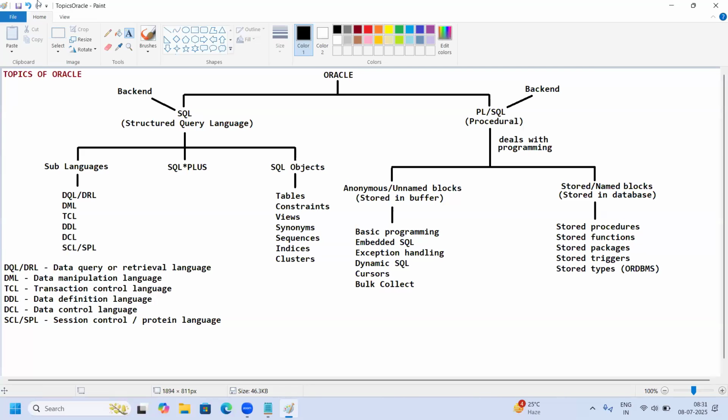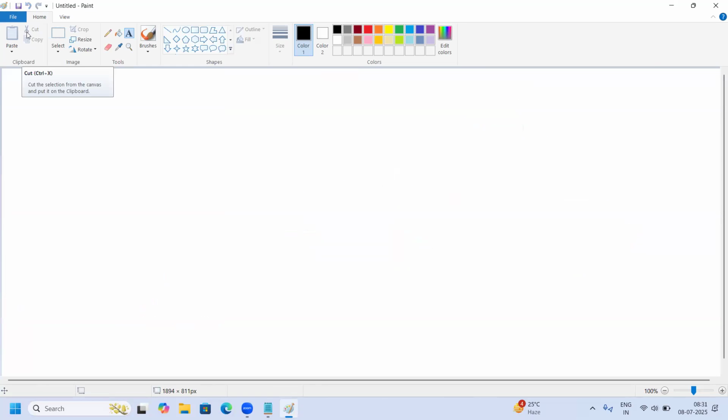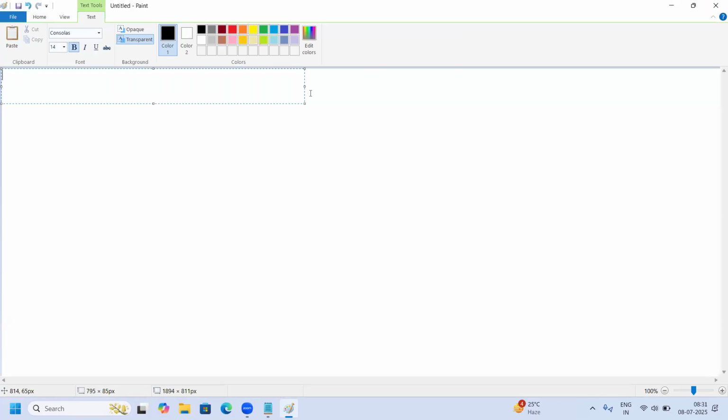Before I go further, let me make you another important point. Now we are going to learn the next part, that is called life cycle of database.